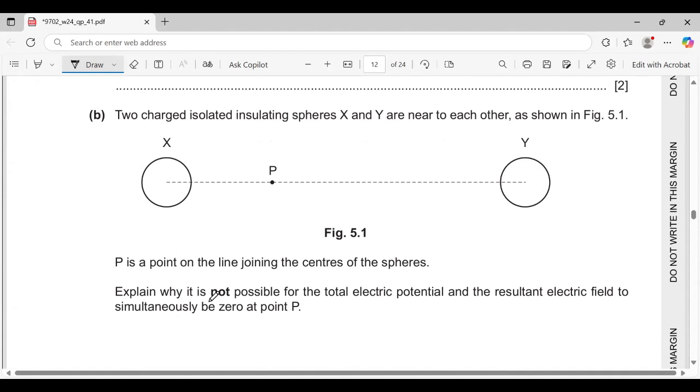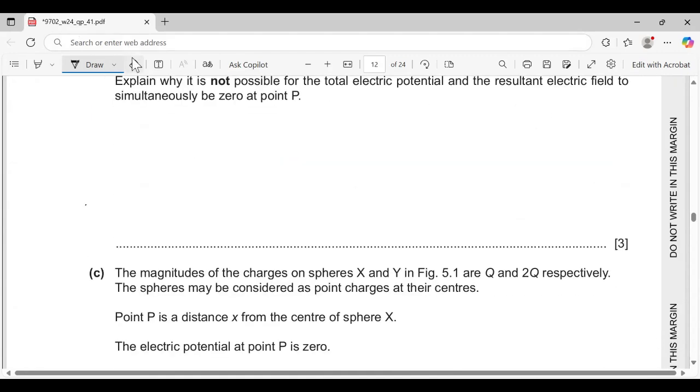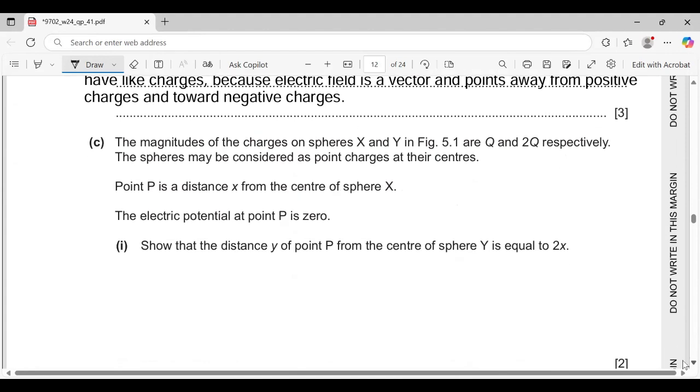Explain why it is not possible for the total electric potential and the resultant electric field to simultaneously be zero at point P. I have provided my brief explanations about this question. This is the first, and this is the second. I think this is clear. I will continue for the next question, part C.